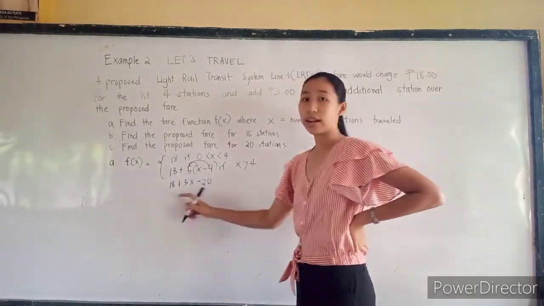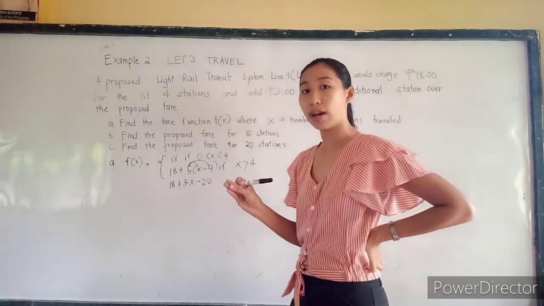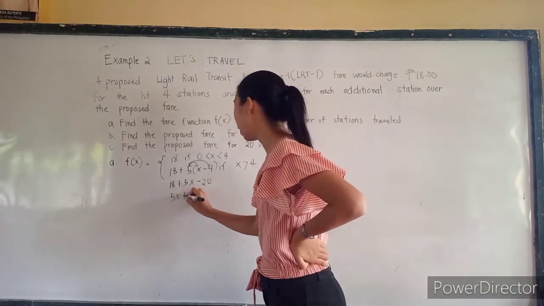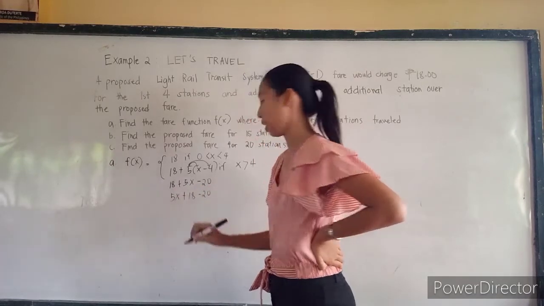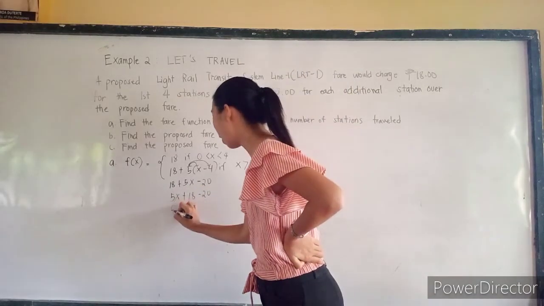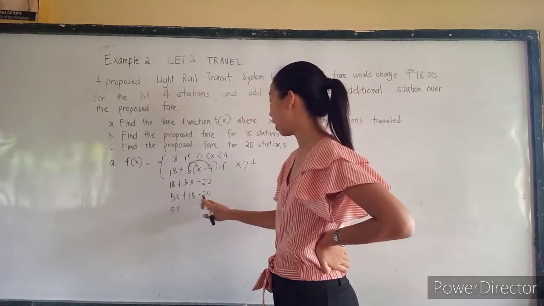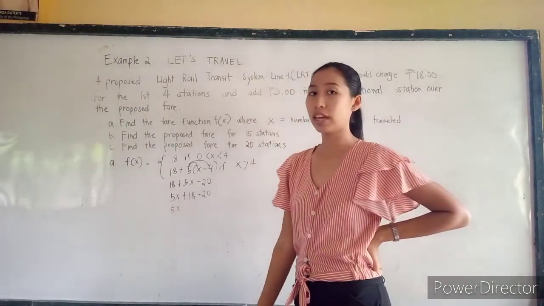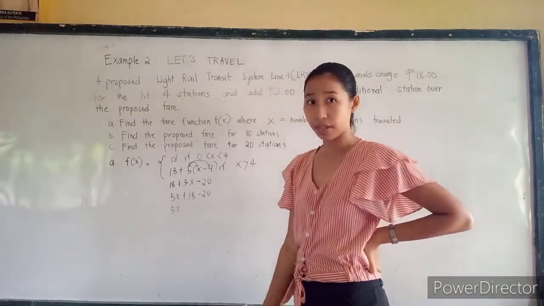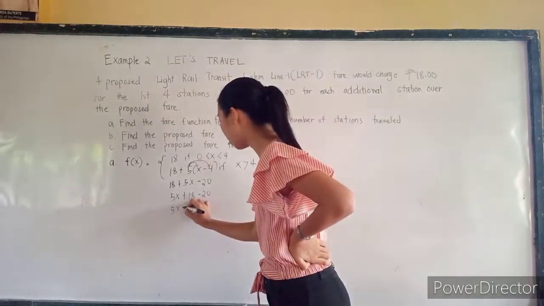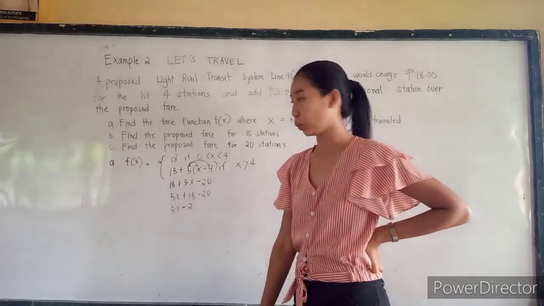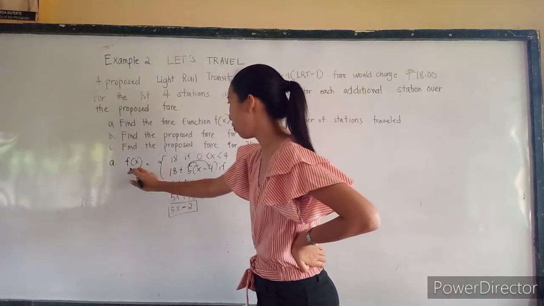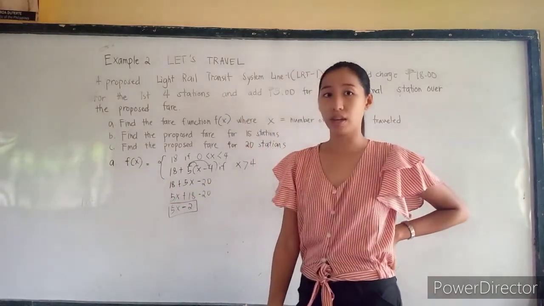Now we rearrange it to group like terms. So you have 5x, and then plus 18 minus 20. Copy 5x since it has no like term, and combine the others. So you have positive 18 minus 20. Follow the sign of the bigger number, then subtract. That is going to be negative 2. So our final function is f of x equal to 5x minus 2.